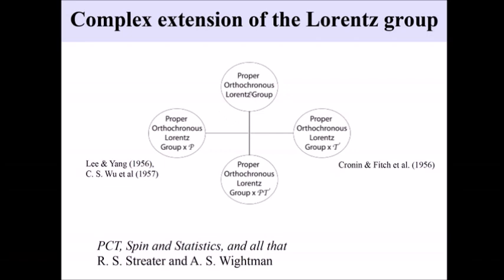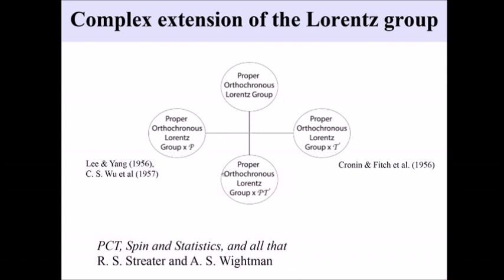And it contains the identity. This is another part of the homogeneous Lorentz group. These elements of the Lorentz group are all of these elements multiplied by P. And this is another part of the Lorentz group. It is all of these elements multiplied by T.